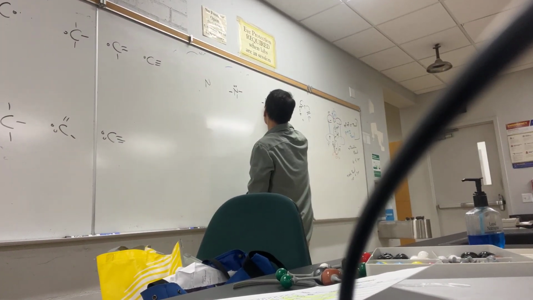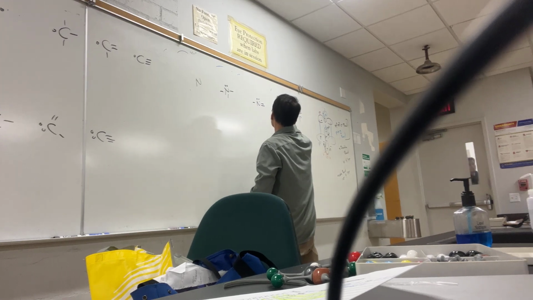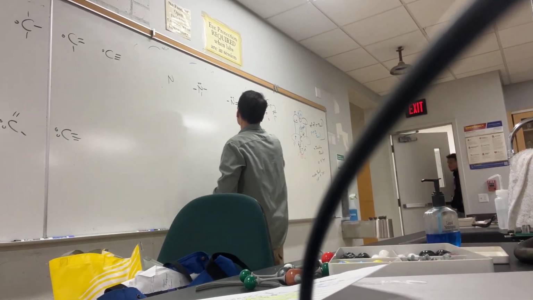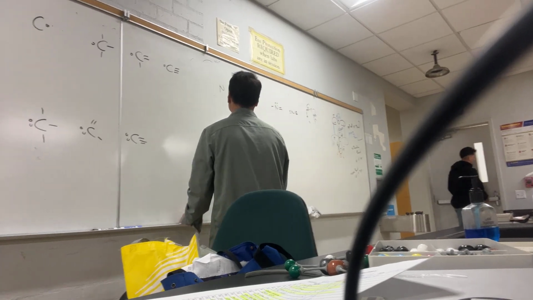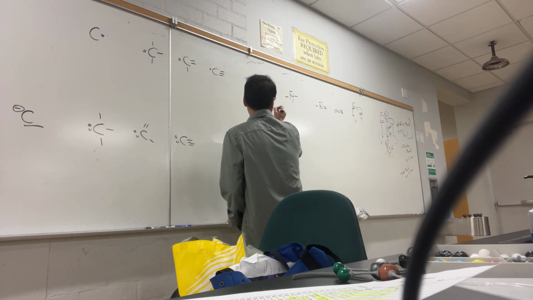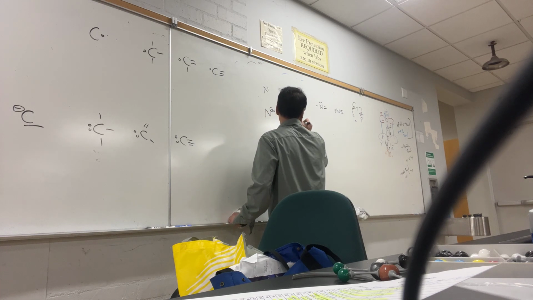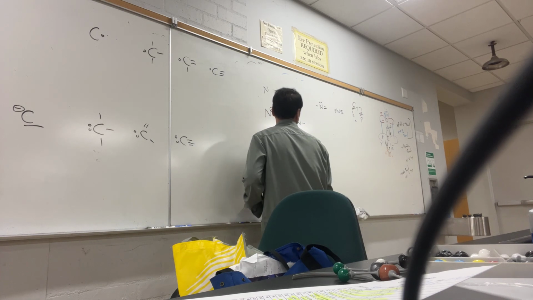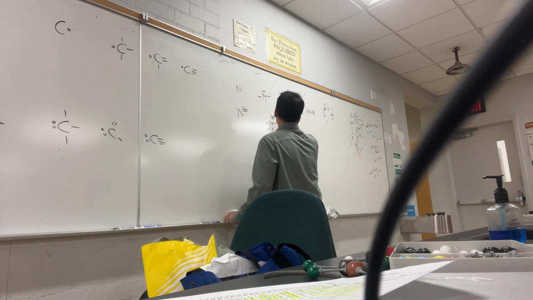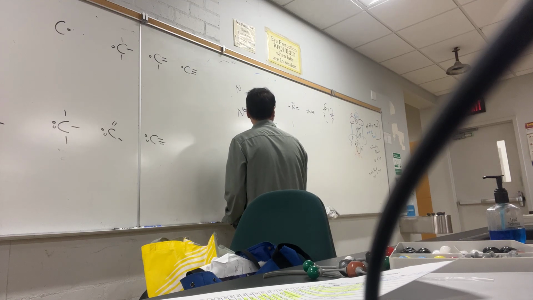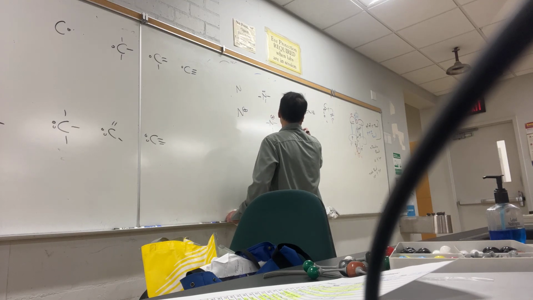Or, actually, no, that won't be a plus charge, will it? No. Or 4 singles. Etc. This would be plus 2. Let's get rid of this one. All right, just that one is pretty much it.